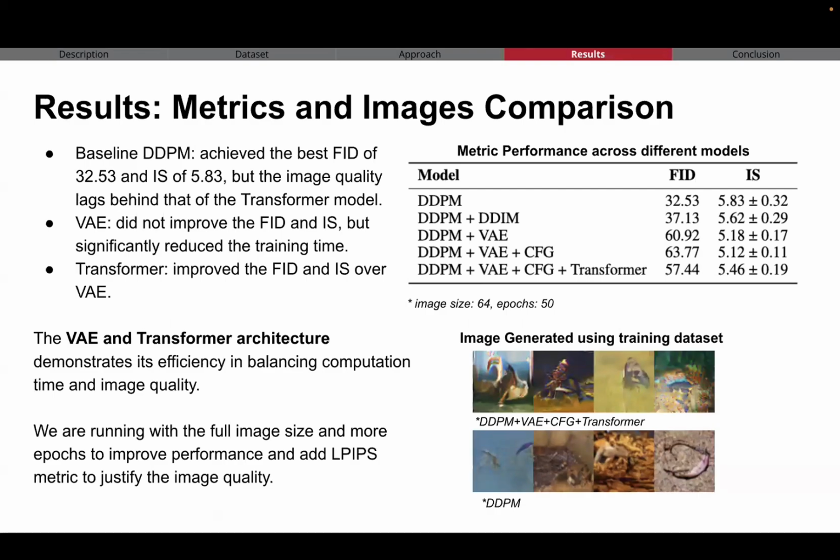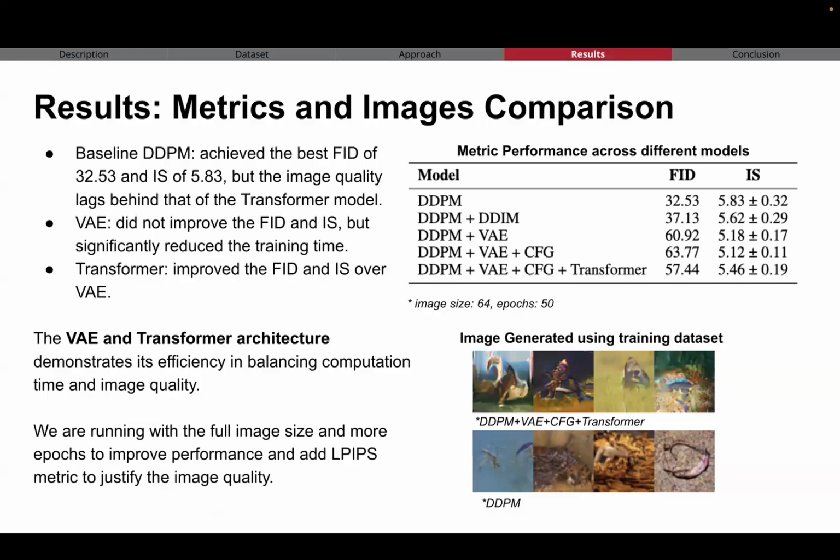For our baseline, DDPM achieved the best FID of 32.53 and IS of 5.83, but the image quality lags behind that of the transformer model. Then we added VAE. It did not improve the FID and IS, but significantly reduced the training time. Then we added transformer, which improved the FID and IS over VAE.